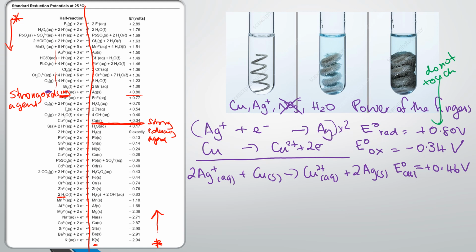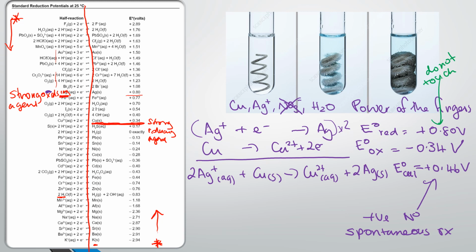Now because this is a positive number, it will be a spontaneous reaction. If it came out to a negative number, it would be a non-spontaneous reaction. So in other words, a no reaction. So you would have to force it to occur otherwise.